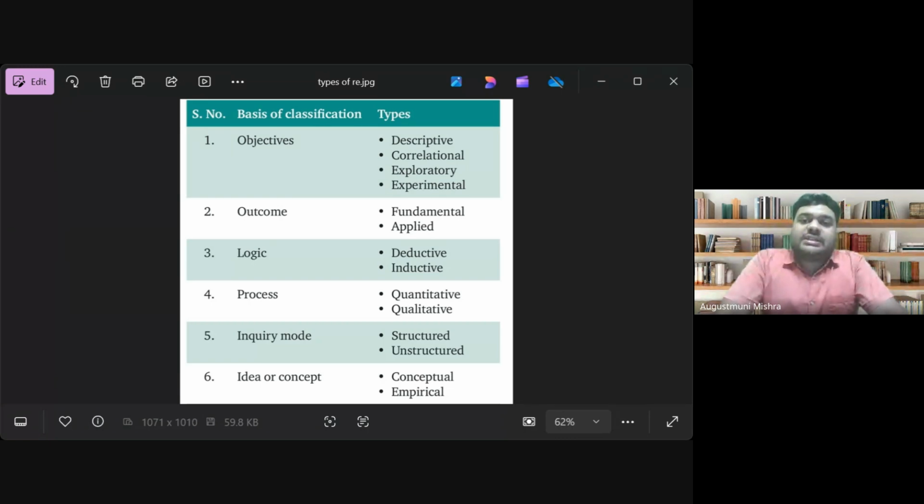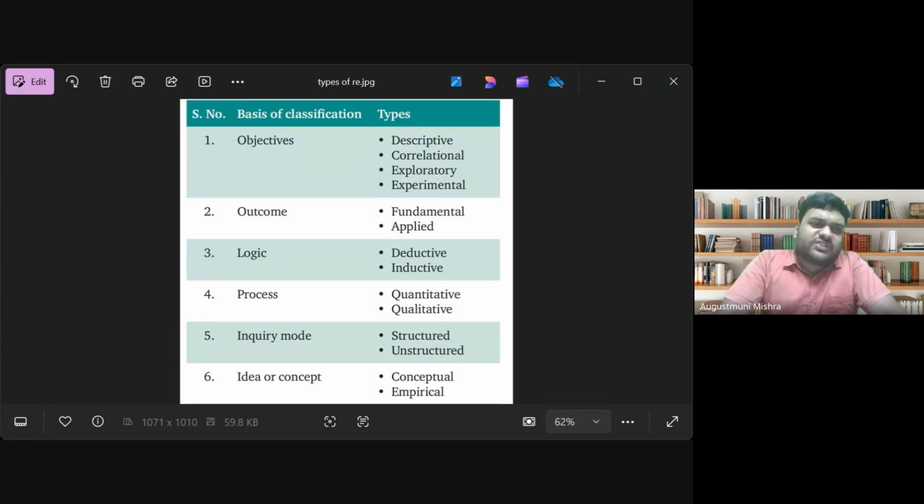Now, this descriptive research has two types. Okay, I'm just explaining the terms in brief because there is no need of understanding each and everything in detail, because we already discussed the descriptive research limitations, its benefits, its applications. So I'm just telling you about the basic types.